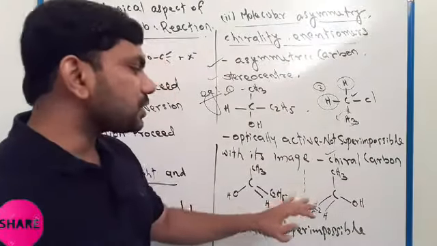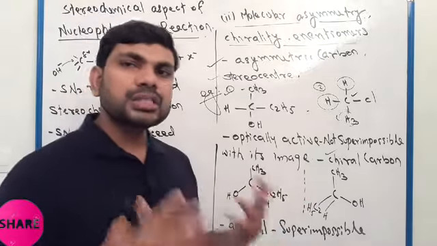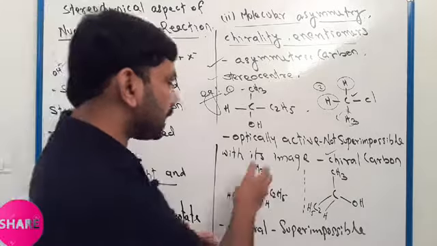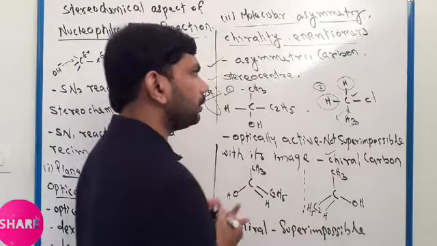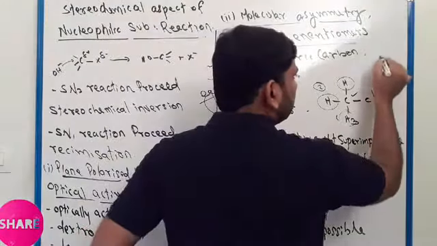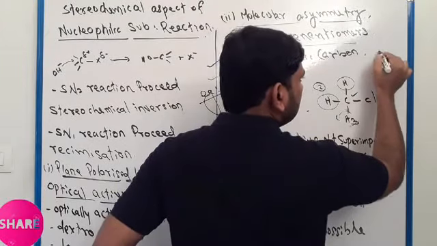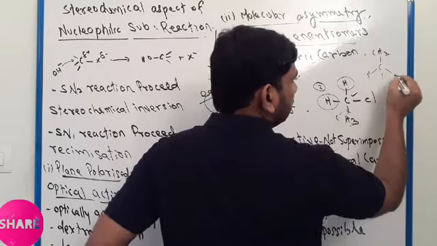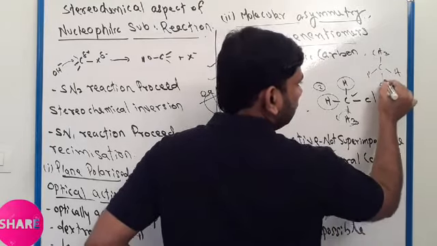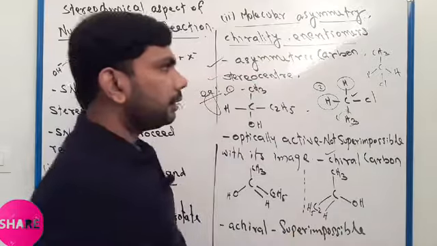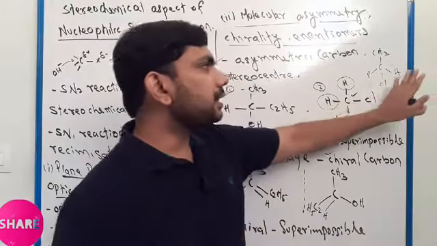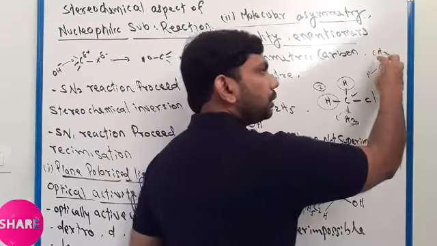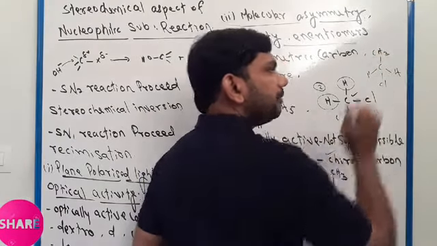Okay, they are not superimposable. If you can keep the same molecule over here, for example carbon, imagine here hydrogen, here CH3, here hydrogen and here chlorine, its mirror image will be the same like this. You can keep this molecule and its mirror image the same way.